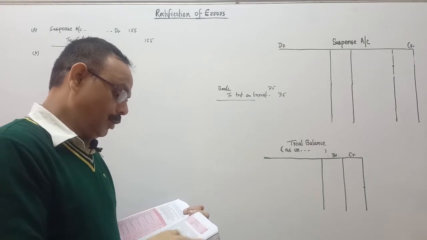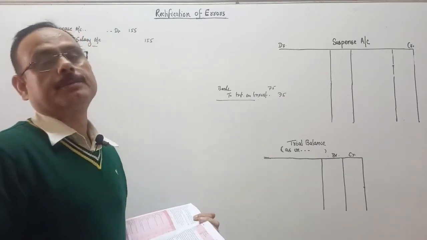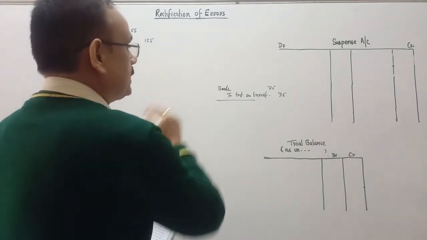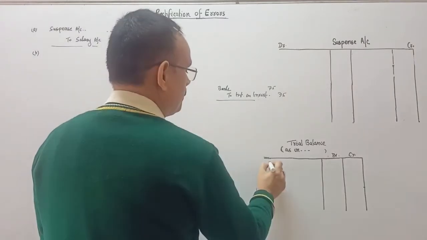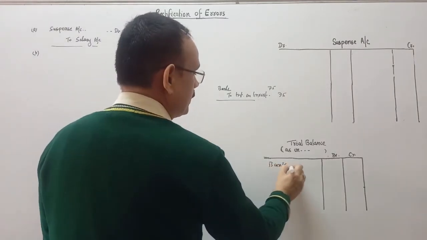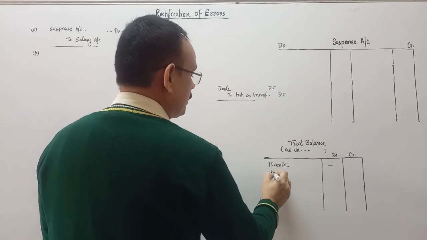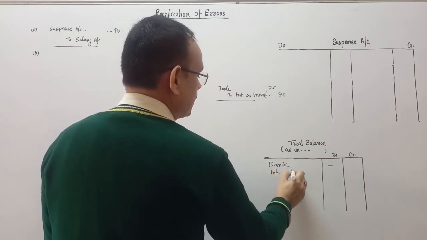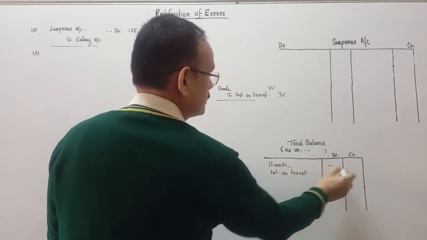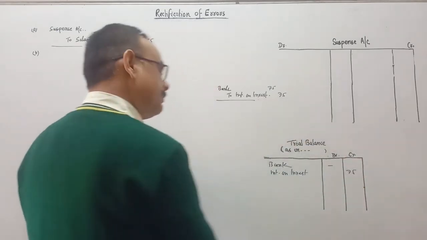But no entry was made in the bank column of the cash book. So in bank we have not done it, so it is blank. But interest on investment we have correctly posted. So 75 rupees in the credit side we have done.